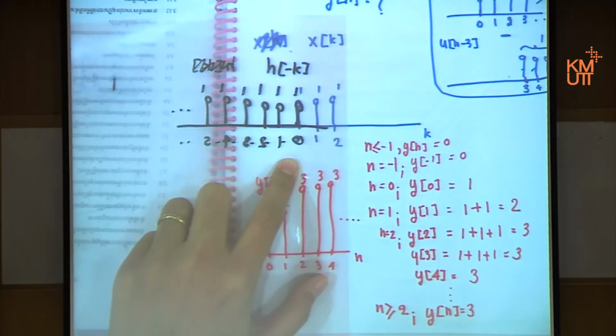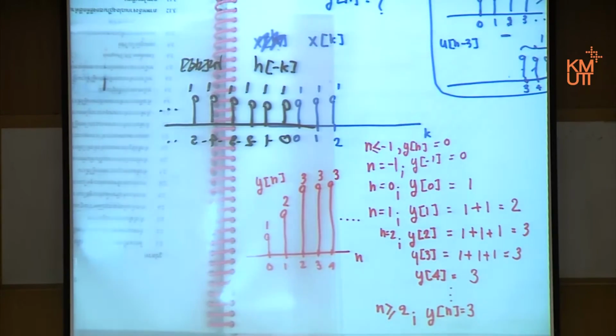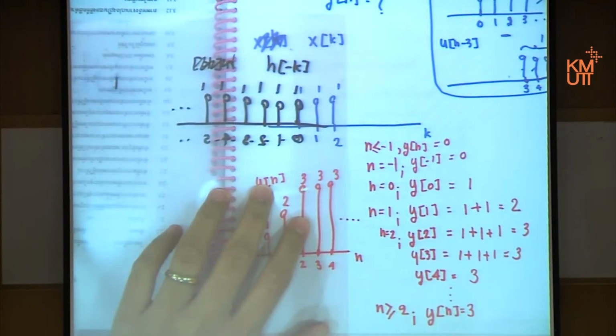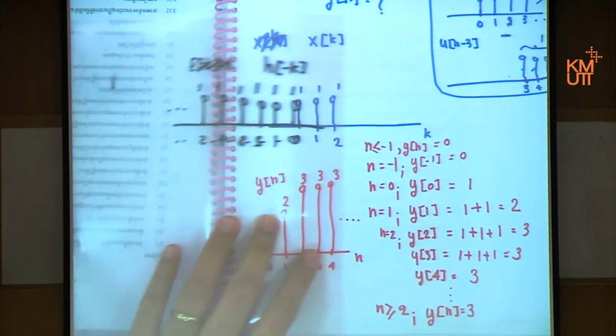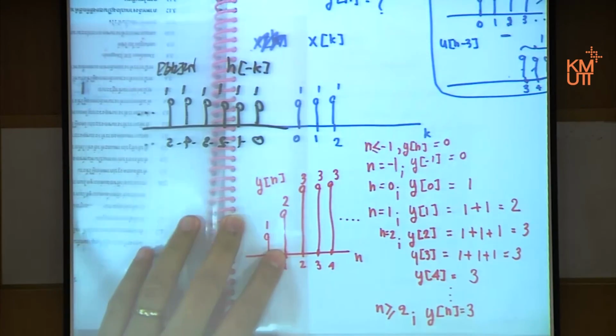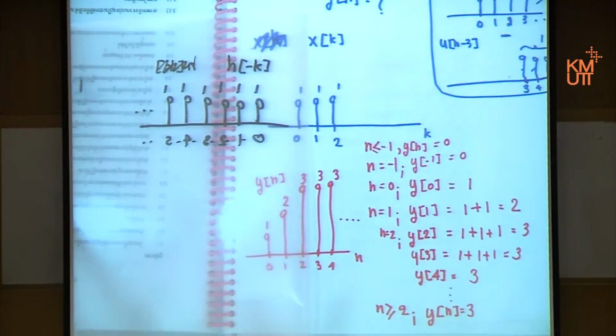If we move the black one to the left, it means that the value of n is a negative value. You will see that there is no overlap, so the output will always be 0.